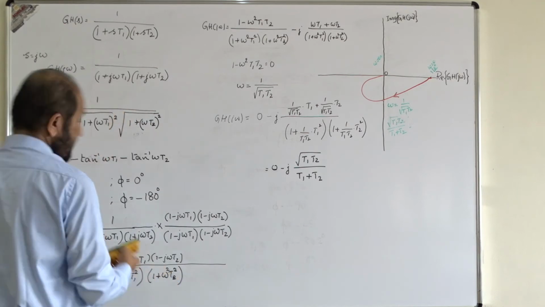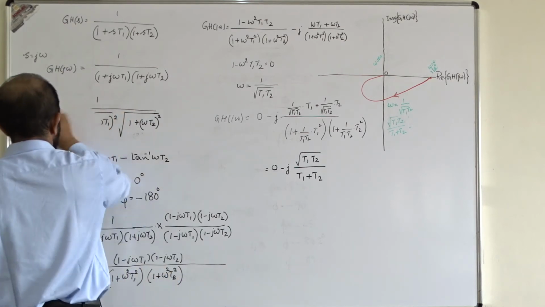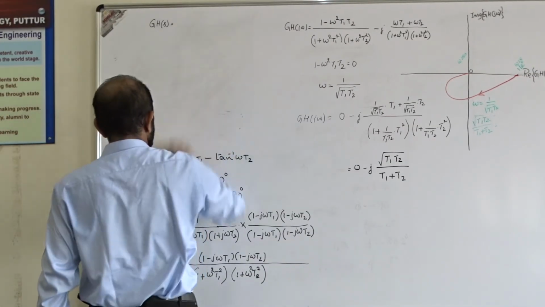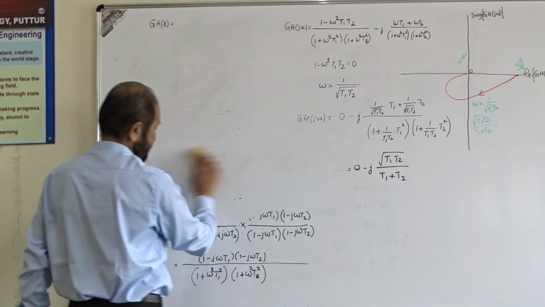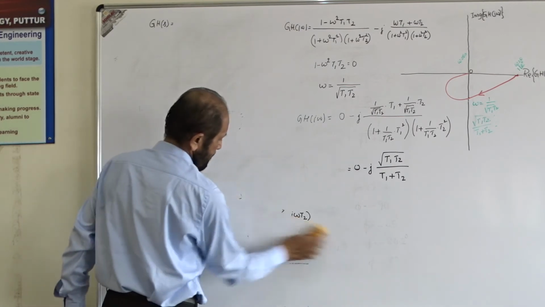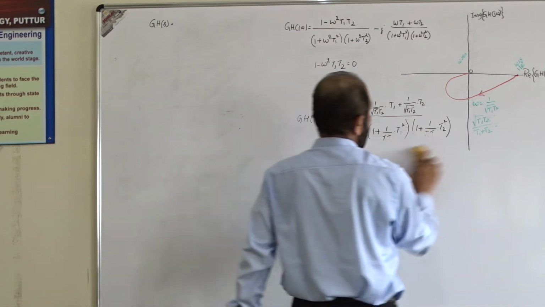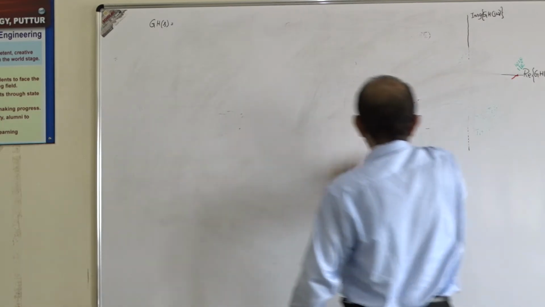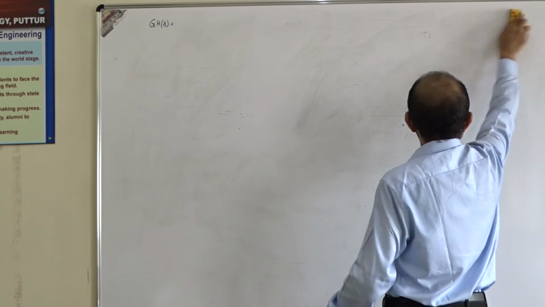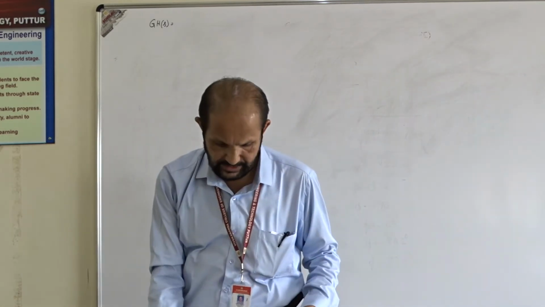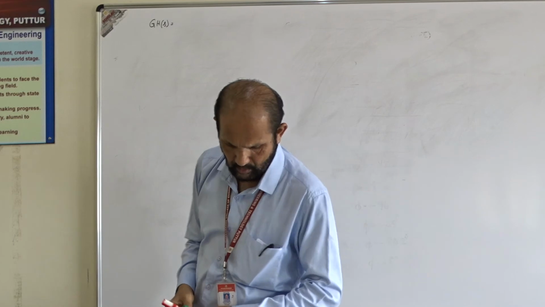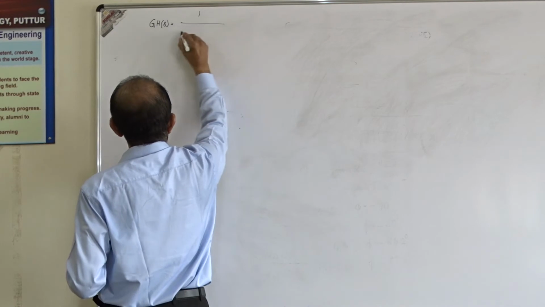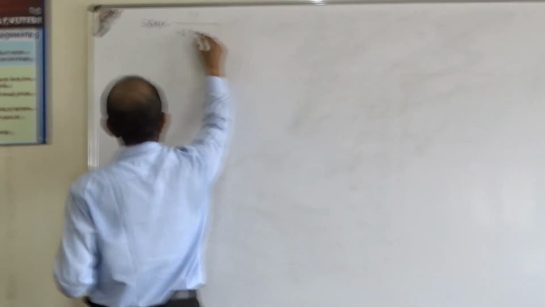The open loop transfer function is given by GH of S equal to 1 divided by S into (1 plus ST).